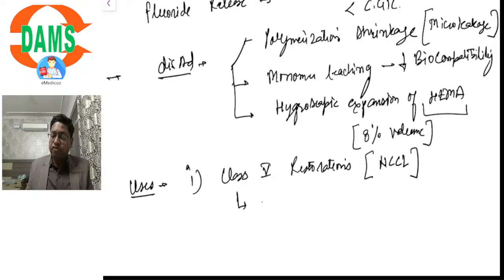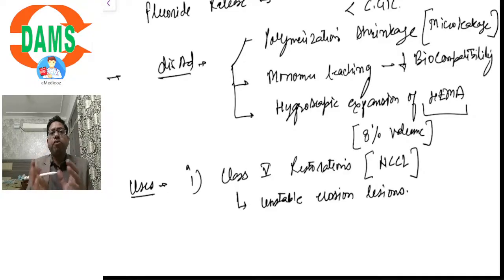They are the material of choice for unstable erosion lesions, meaning lesions whose geometry is changing due to various factors. For unstable erosive lesions, RMGIC is the material of choice. They are also used in the sandwich technique.